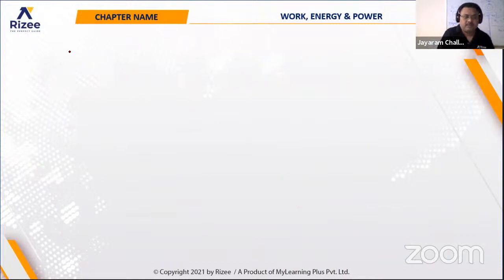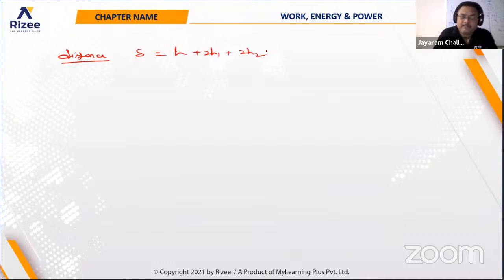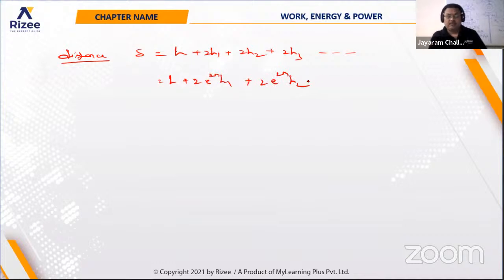So as I have told you, the distance traveled is s plus the first height, which is h, and it is traveling h1 two times, and it is traveling h2 for the other two times. So like this, 2 into h3 and so on up to hn. So from this, 2 into h1 can be written as e to the power of 2n into h1 plus 2 into e to the power of 2n into h2, like that.